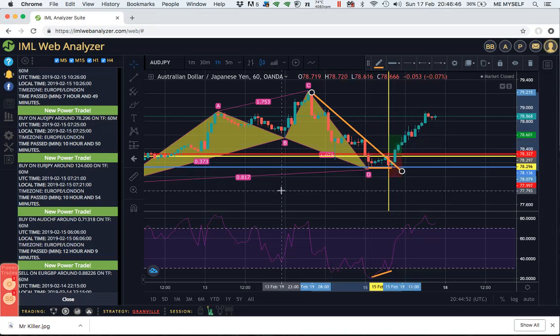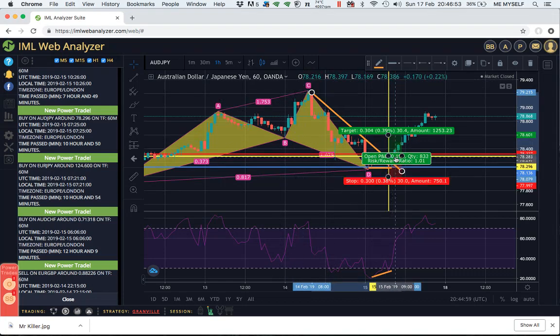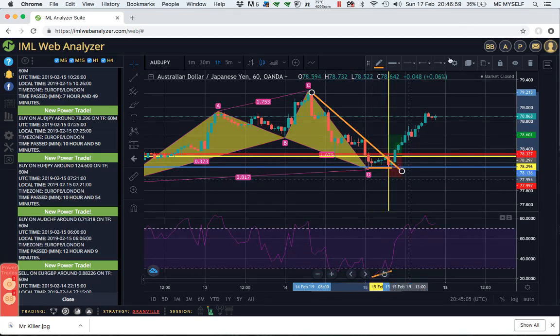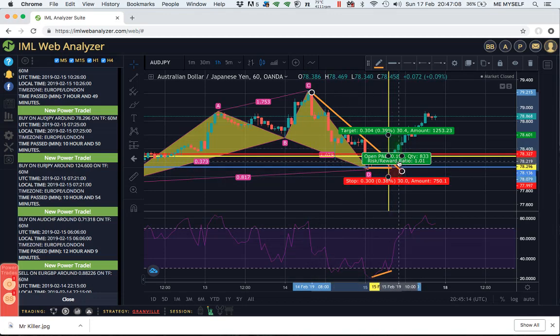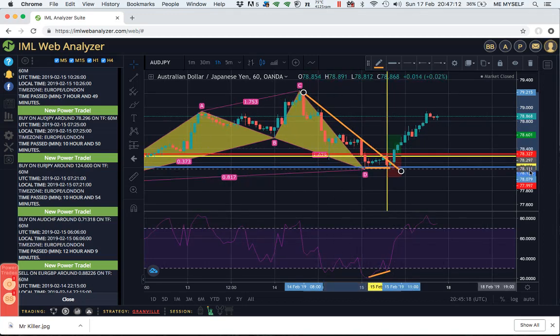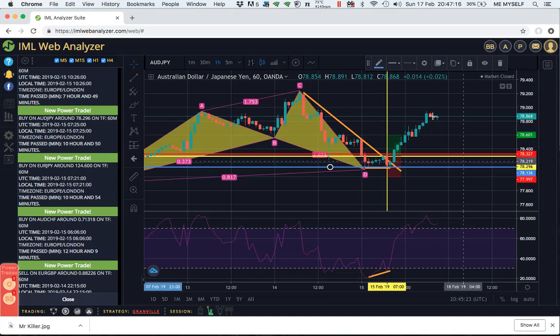If you want a safer entry, then that's a good entry to have. You could wait for your trend line to break, wait for your candle to close above, and then you enter. So price will definitely be moving in your direction most of the time. If you want an earlier entry to get a better risk to reward ratio, then you could start looking at quarter point levels and prices for your entries.